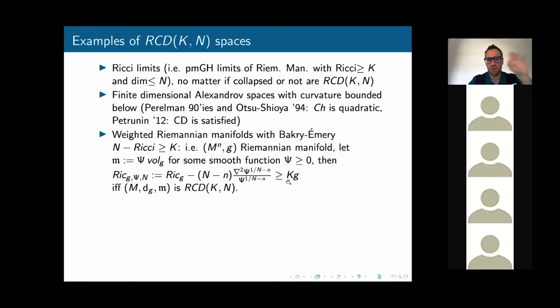This is the notion of N Bakry-Émery Ricci tensor bounded below by K, which is very much studied.